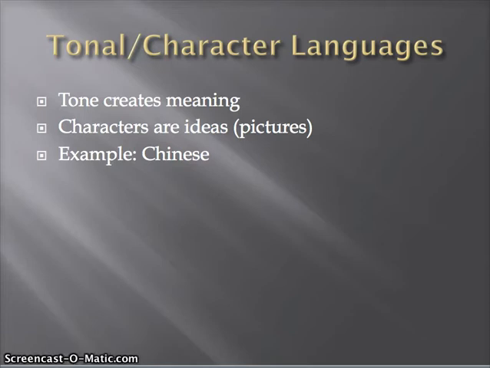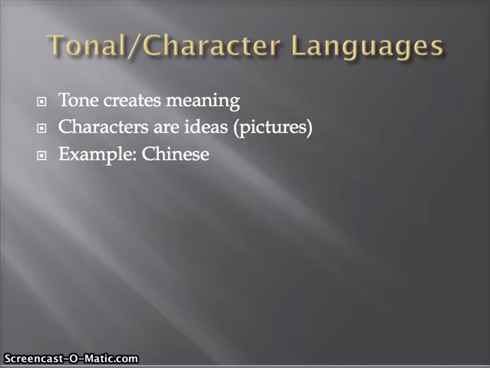It still means computer. In a tonal language, if you change the tone that you use, you completely change the meaning of the word. It's a completely different word. An example of a tonal language is Chinese. Mandarin has 5 different tones. Cantonese has even a larger number of tones.